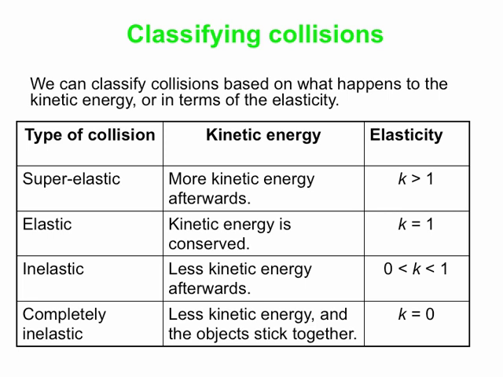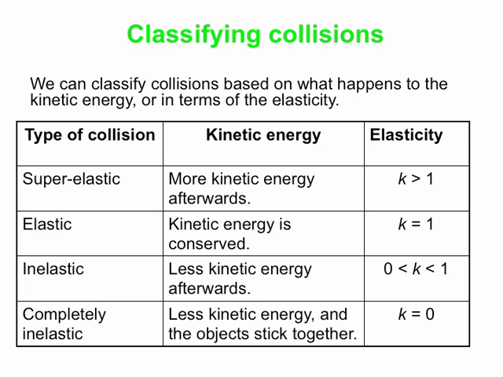Then there are elastic collisions, and kinetic energy is conserved in elastic collisions. So you get exactly the same amount of kinetic energy beforehand as afterwards. In an inelastic collision, some kinetic energy is lost. Again, we have to conserve energy, but there are lots of places for energy to go.